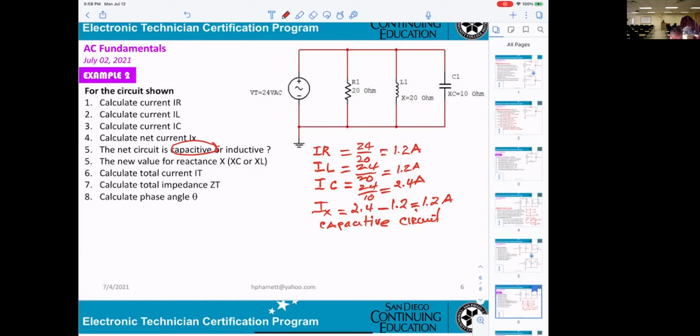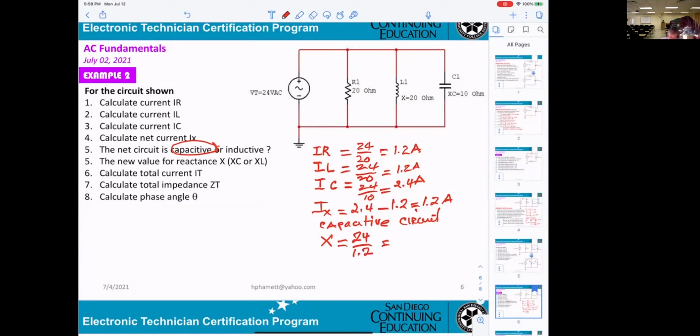And the new value for the reactance. So for the new value, that means you can get I, okay, and it will equal V total, 24 divided by 1.2.